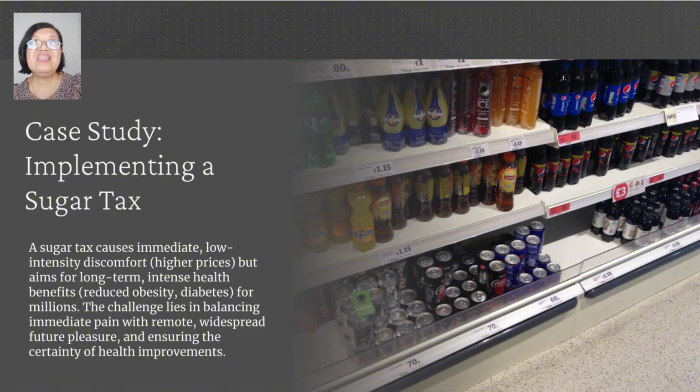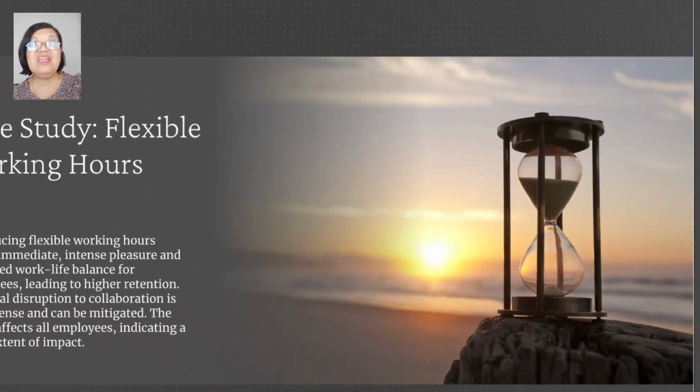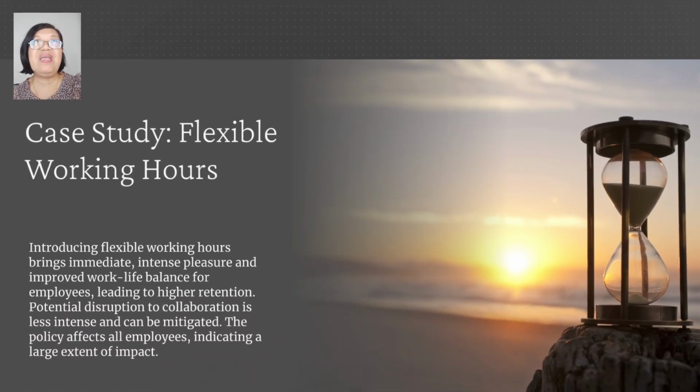And here is another case, adoption of flexible working hours in your workplace. So the introduction of flexible working hours may bring immediate intense pleasure and improve work-life balance for employees, leading to higher retention and productivity.